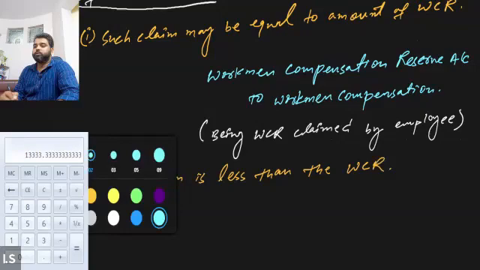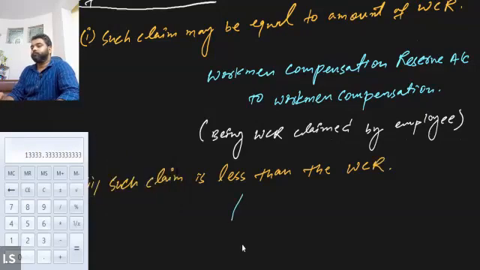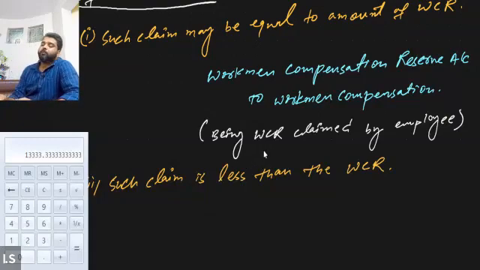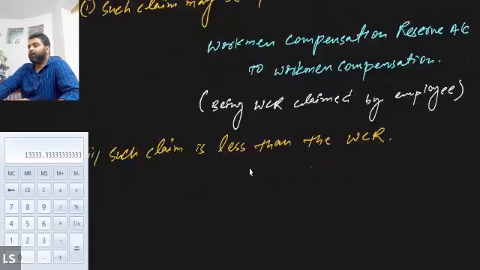Then in this situation, the general entry will be, if the claim is less than the reserve, that means we have a profit, and since the claim is less than the amount of reserve, the remaining amount can be distributed among the partners in the old profit sharing ratio.